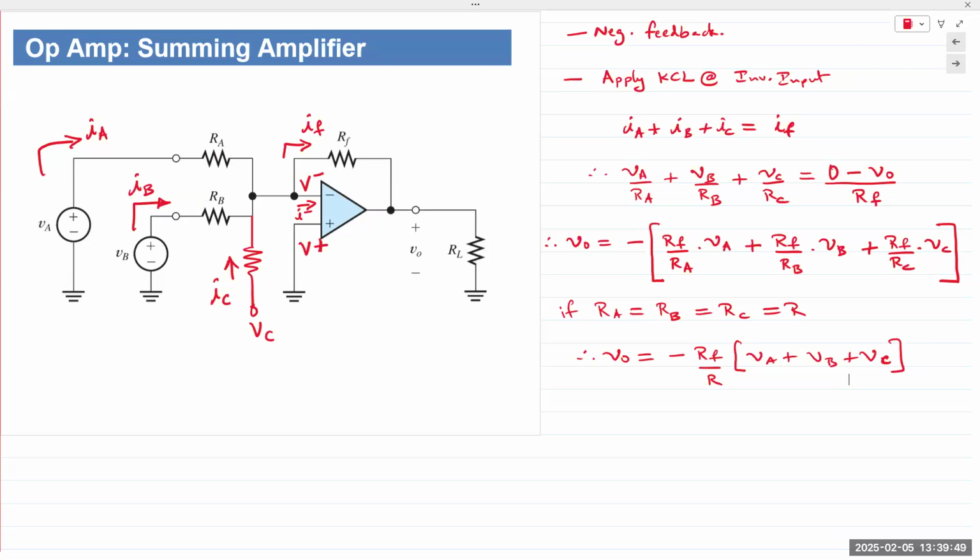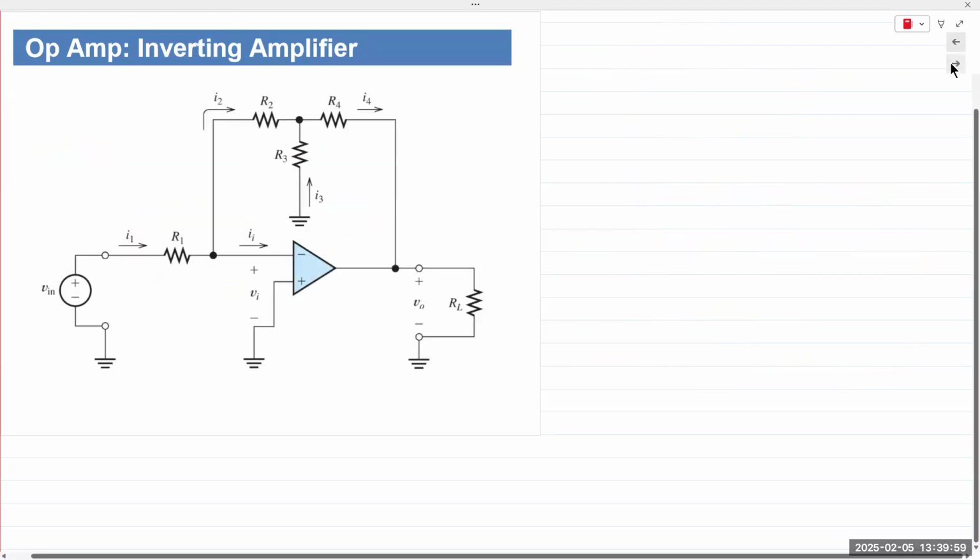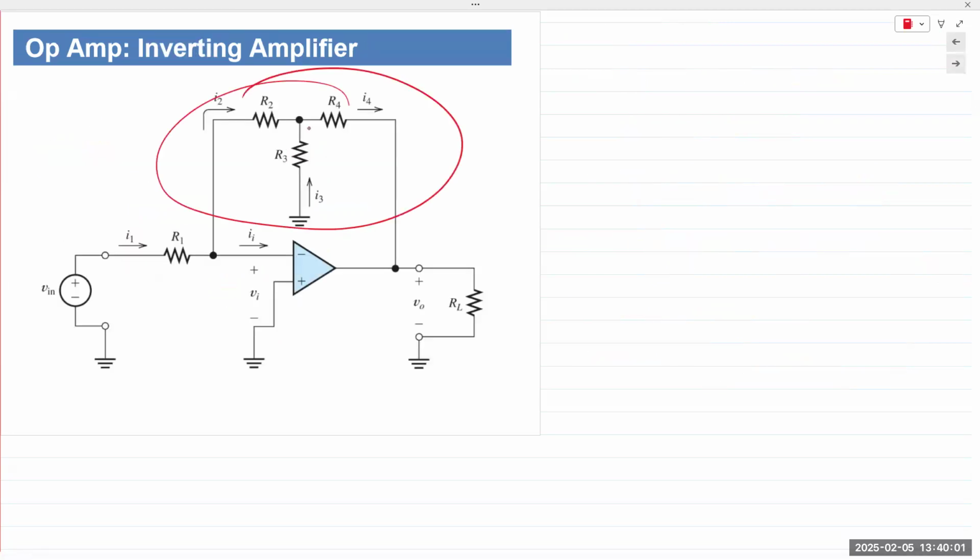So as I was saying, if we wish to have a different gain or wish to have control over our gain, then we build a different kind of circuit in the feedback path, which is right here. We use more resistors. This requires a longer explanation, so in the time remaining we will not be able to cover it.